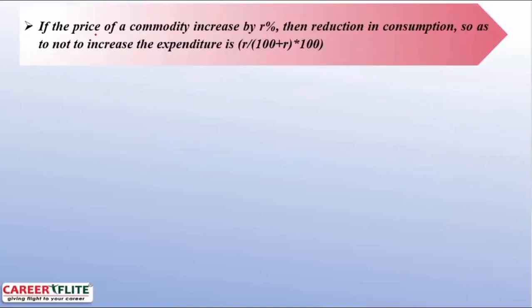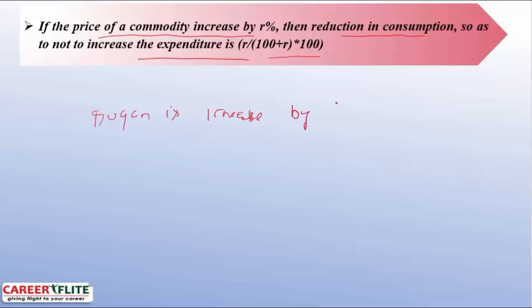Now for this formula, if the price of a commodity is increased by R%, then the reduction in consumption so as not to increase the expenditure is R by 100 plus R into 100. So let us take an example. If the price of sugar is increased by 10%, what will be the reduction in consumption?